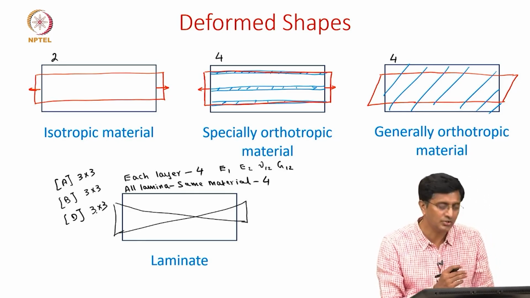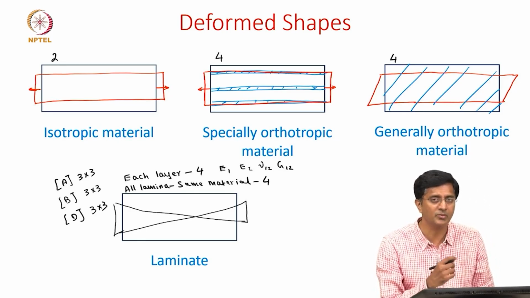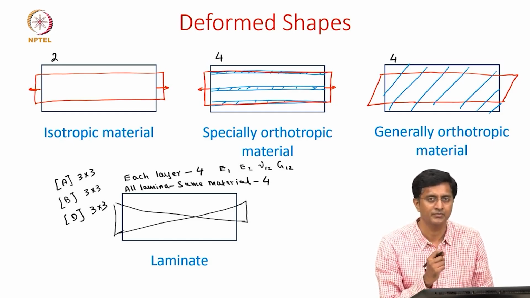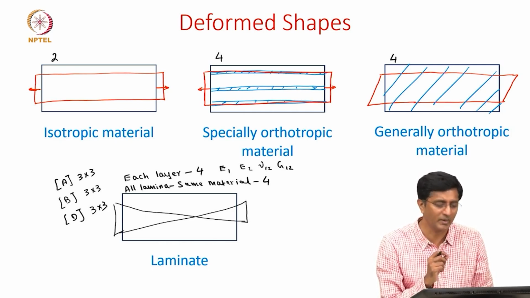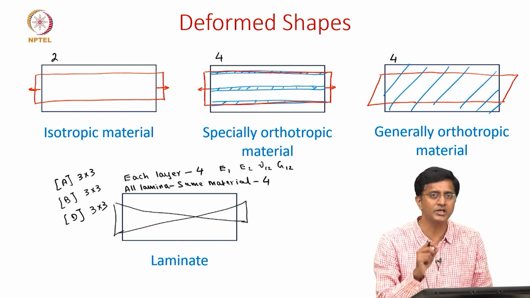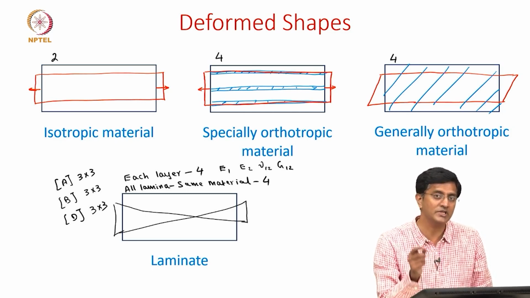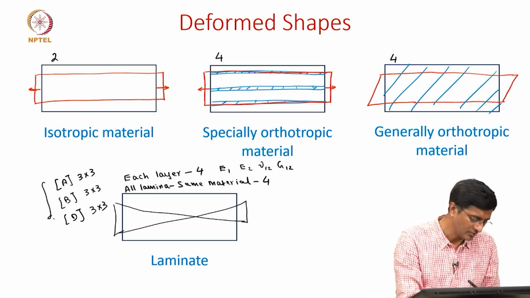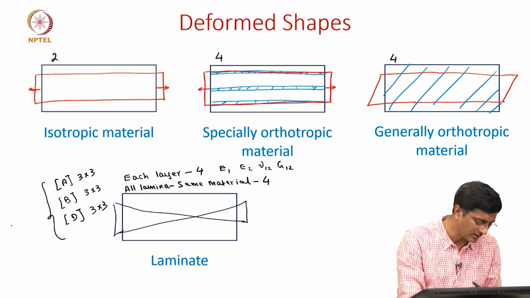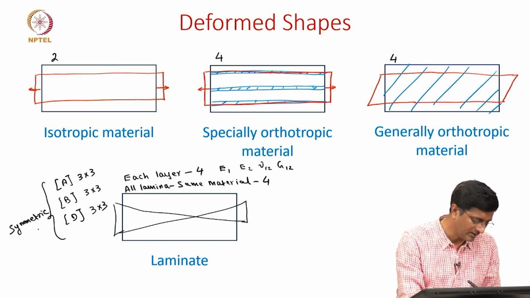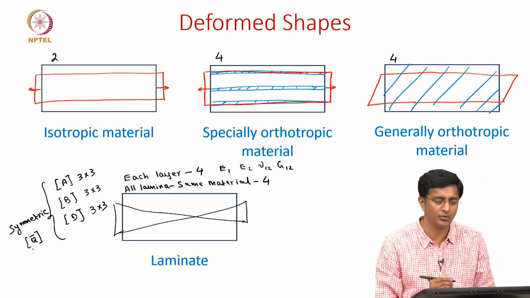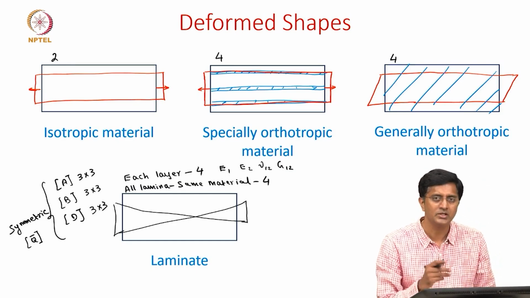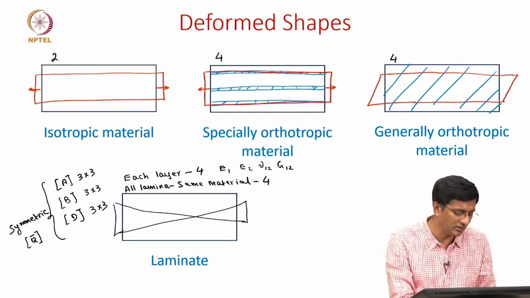But in addition to this, is there any other information about this matrix, let's say A? For example, is it symmetric? The answer is yes. The reason why the matrix A is symmetric is because it is written in terms of the Q matrix, which again is symmetric. So all these ABD matrices are symmetric, and this symmetry is coming from the symmetry of the transformed stiffness matrix Q. So how many terms do we have in each of these?